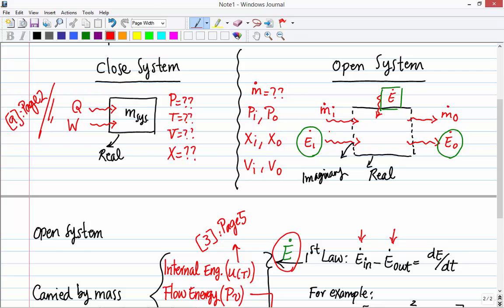You can think about it this way: when this flow is coming into the system, this pressure is moving everything in front of it toward our system. It's kind of like pushing, right? So it's doing work, so it has some sort of energy that is entering our system.